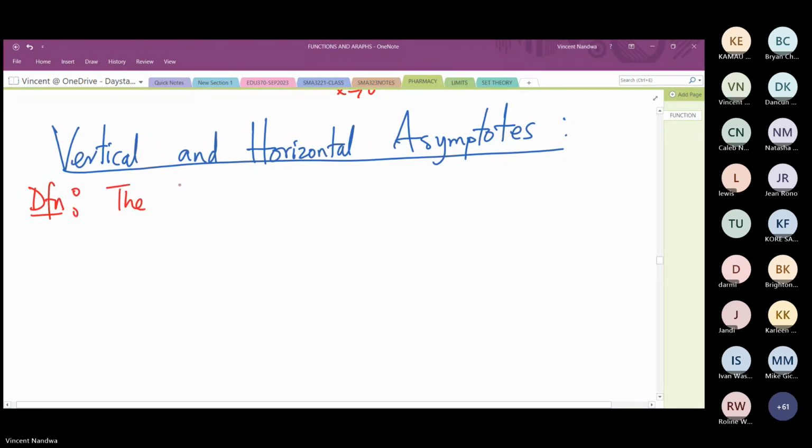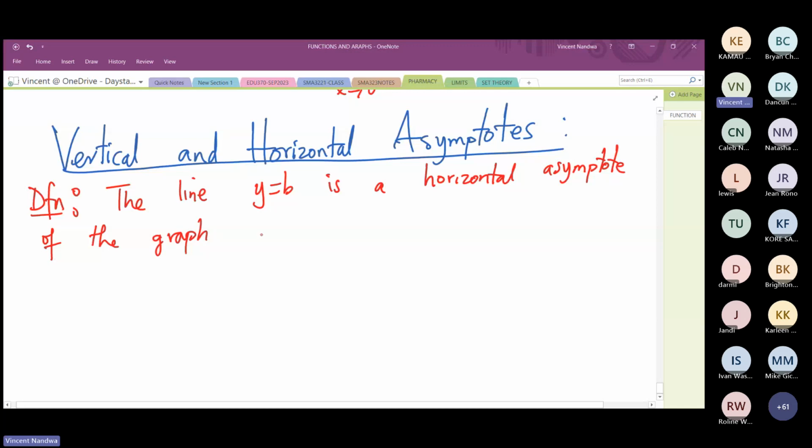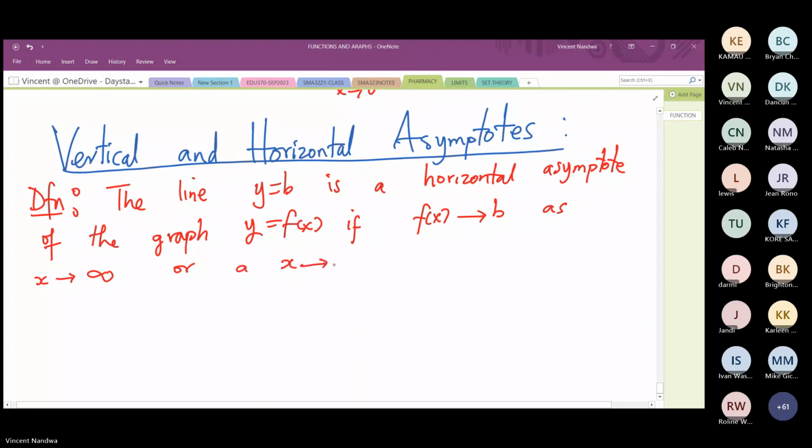So the line y equals b is a horizontal asymptote of the graph y equals f of x if f of x gets closer to b as x gets closer to infinity or as x gets closer to minus infinity.